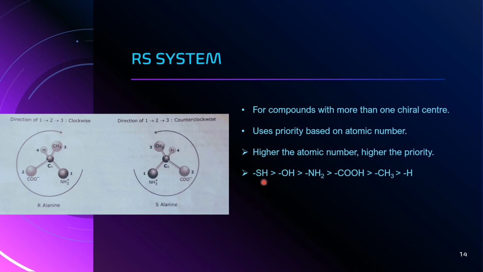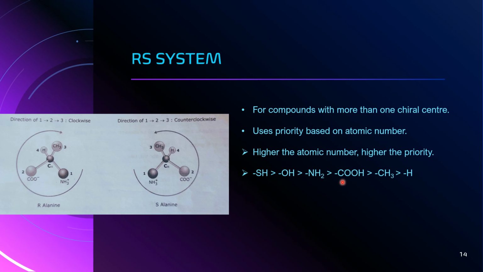In the case of SH, the first atom is sulfur and the atomic number is 16. And in the case of OH, the atomic number of oxygen is 8. So comparatively, SH is given more priority than OH. And NH2, of course, N has the atomic number 7. And in the case of these groups, the first atom is carbon.